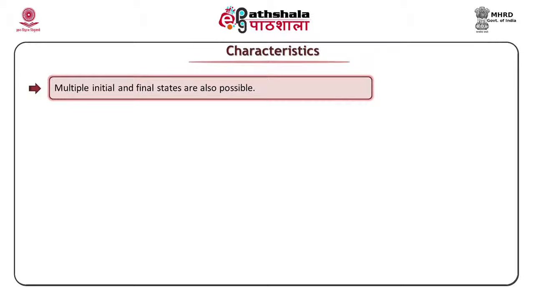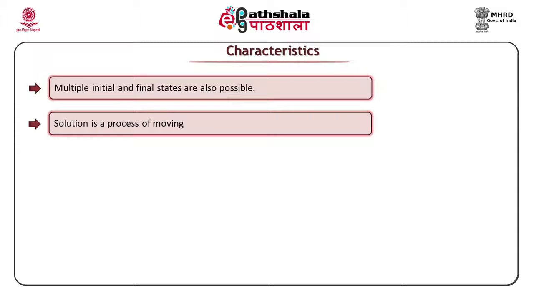For example, in case number 2, you might have 4, 1, 3 as the final state. And in the earlier one, you can also have 2, 0, and 3, 2 is also possible. So there are multiple initial and multiple final states possible in other problems. When we see some other problems, we will see that there are many complexities. But we are not going to discuss that right now.